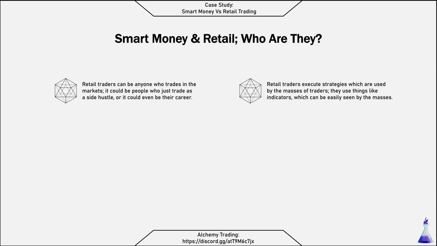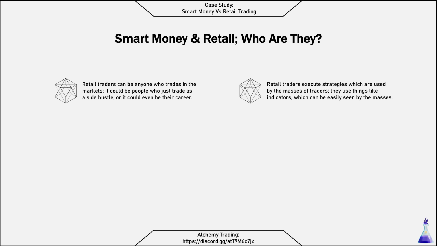What I mean by this is the fact that retail traders execute strategies which are used by the masses of traders. In practical terms, this means they use things like indicators, which belong to the masses because they can be easily seen by the masses. So if in your trading you use analysis techniques like EMAs, Fibonacci retracements, support or resistance, or trend lines, there is a very high probability that you fit into that category of retail traders.